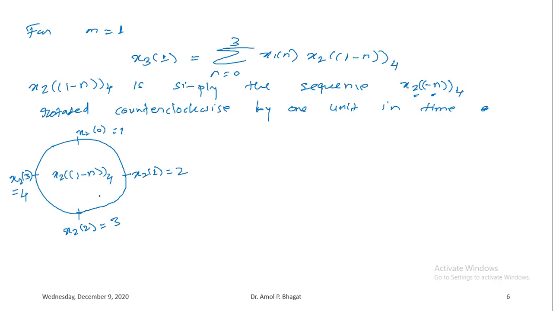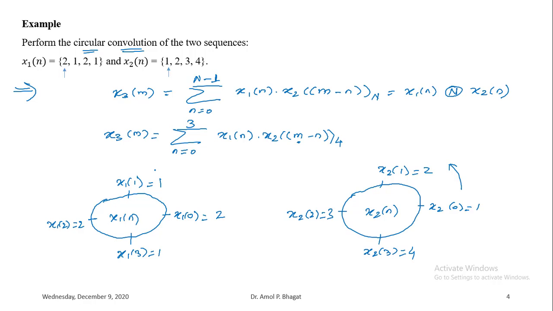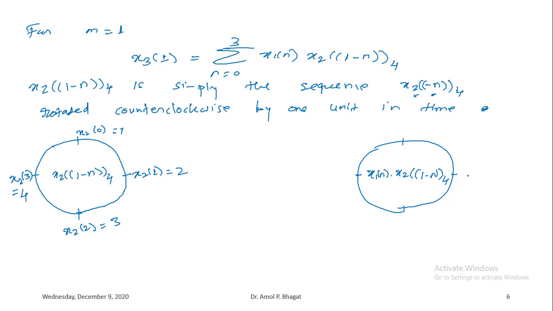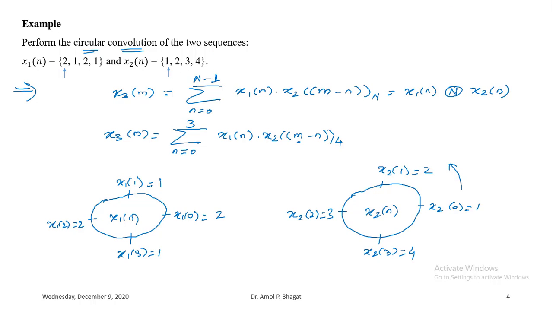Now again we have to multiply these resulting values with x1 of n, so x1 of n multiplied by x2 of 1 minus n. The multiplication results will be indicated here. So 2 gets multiplied with this 2 in x1 of n, so 2 multiplied by 2 will be 4. This 1 gets multiplied by 1, so 1 multiplied by 1 will be 1.